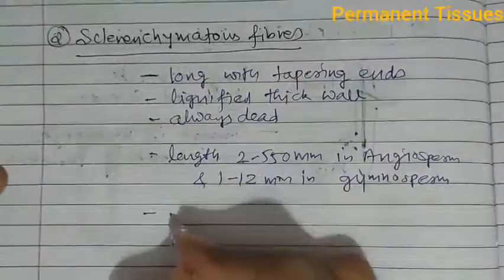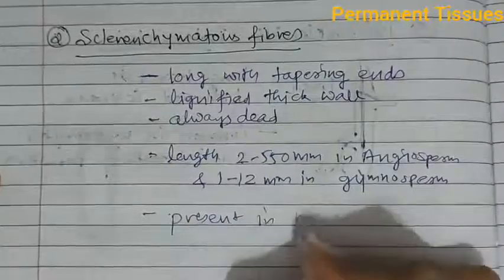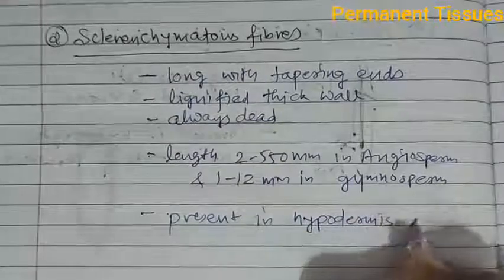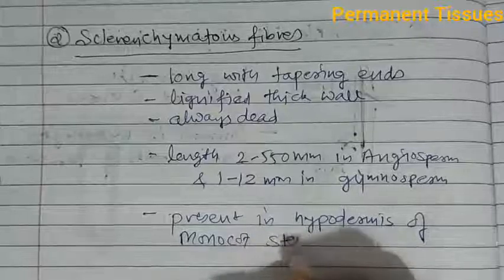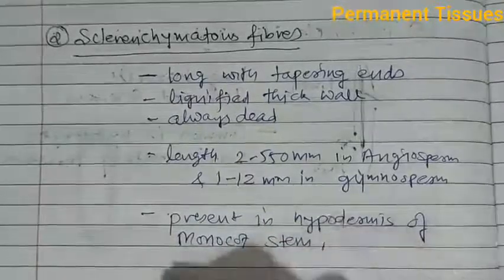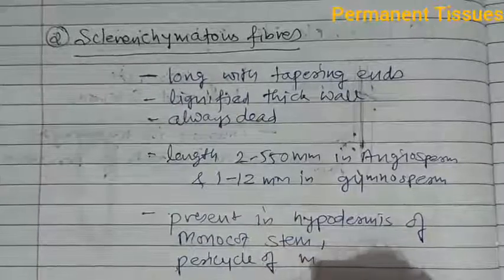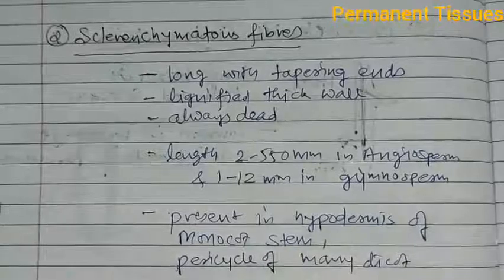These sclerenchymatous fibers are present in hypodermis of monocot stem, pericycle of many dicot, and in secondary wood.